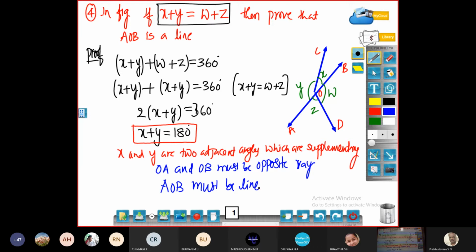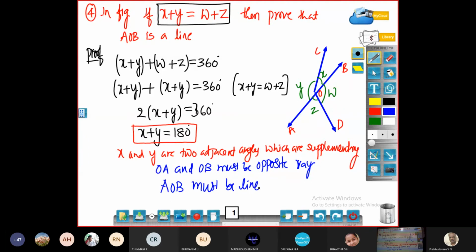Is it clear to all of you? Yes, sir. So x plus y, we have to show that it is 180 degree, then only you can declare AOB as a line. In the beginning itself you cannot take it. We know that x and y are adjacent angles, but we cannot take them as 180 degree directly, because we do not know whether AB is a line or not, because that's what we wanted to prove.